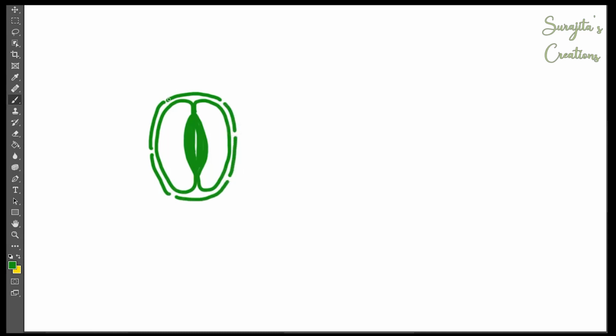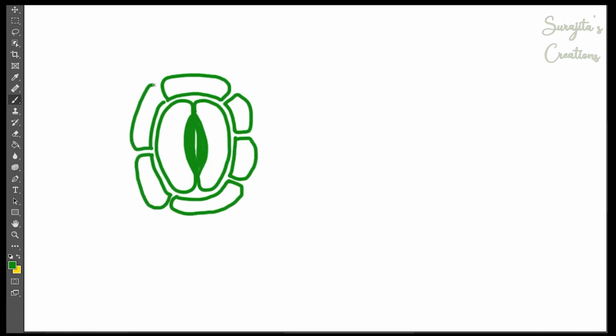Now we are drawing the outer epidermal cells. Here also we will show the 6 epidermal cells. The epidermal cells are the subsidiary cells which are specialized in structure, irregular in shape, and these are outer to the guard cells. Like the guard cells, the epidermal cells also contain a nucleus, but they lack chloroplast.